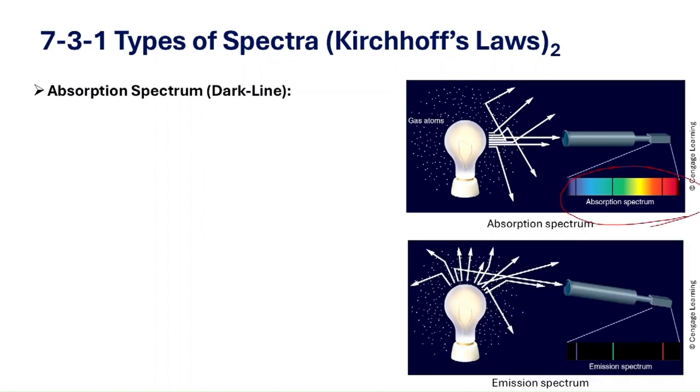And next, Kirchhoff's third law is the reverse. A hot, low density gas emits light only at specific wavelengths. So this produces an emission spectrum, bright lines on a dark background. And these two laws are really the keys to understanding how we read the fingerprints of atoms in space. So let's briefly discuss each law.